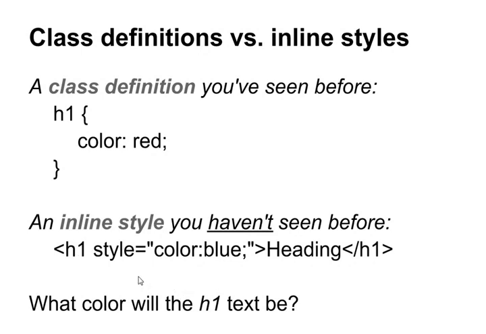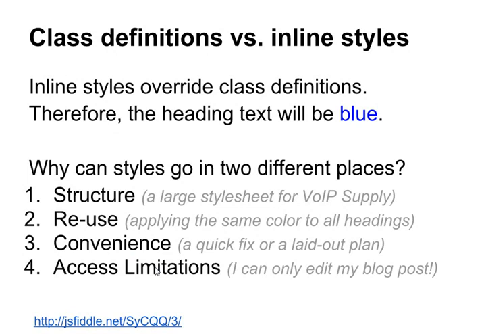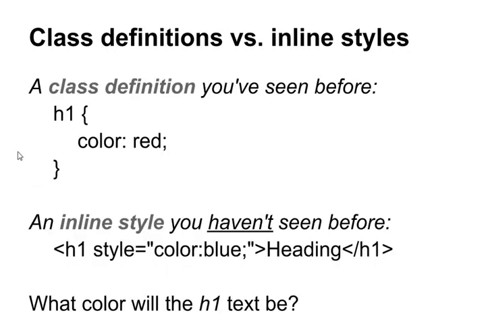And if you ever want to change that color, you have to go back and change every single style attribute for every single heading on your website. We talk about hundreds of thousands of products, all of them have one of these on their pages. You have to go back and do that for every single one. You don't want that. So for the purposes of structure, a more formal class definition is appropriate because it can apply with a single statement to every single H1 on every single page.